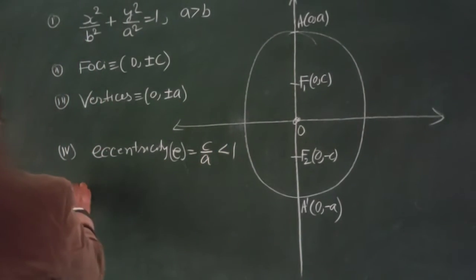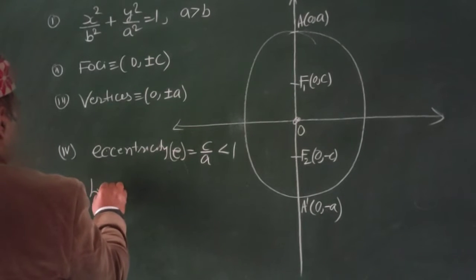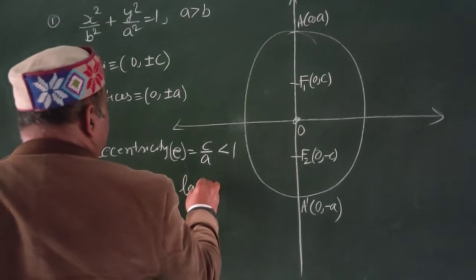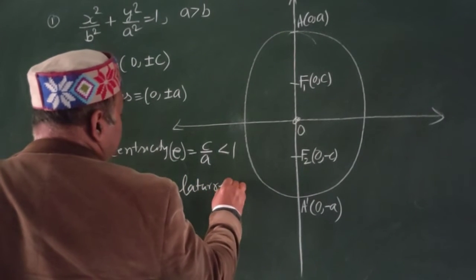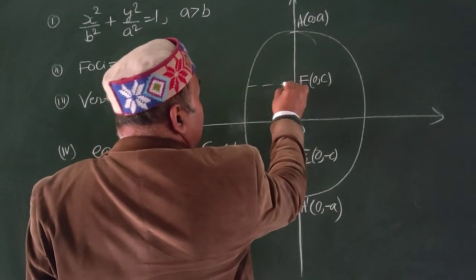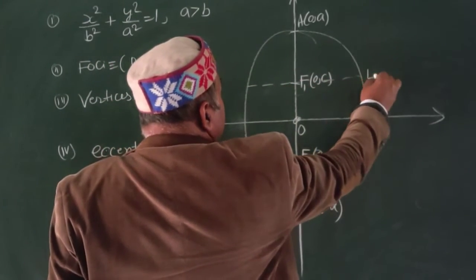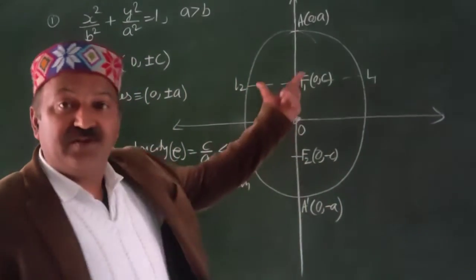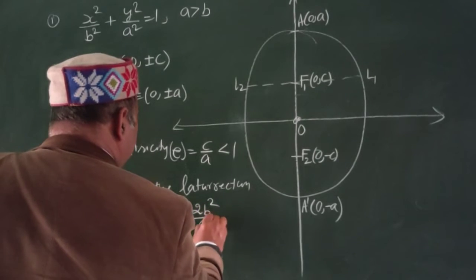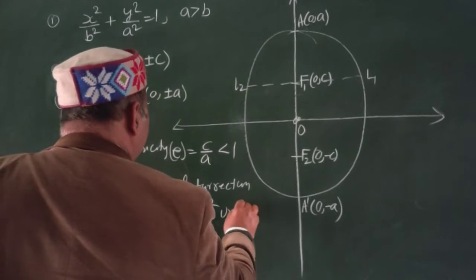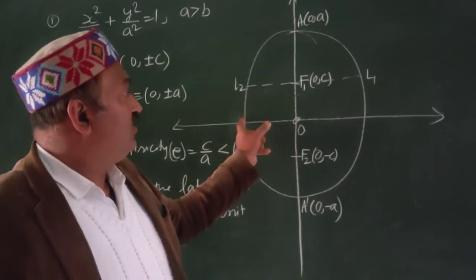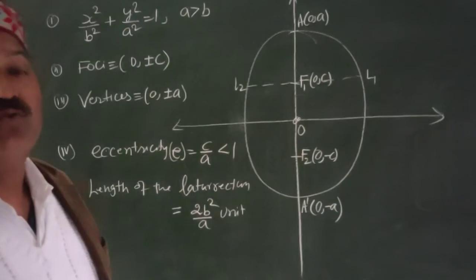And the length of the latus rectum would be same. The length of the latus rectum will be this LL1, and that will be equal to 2b square upon a unit. The length of the major axis will be equal to 2a, and the length of the minor axis will be equal to 2b.